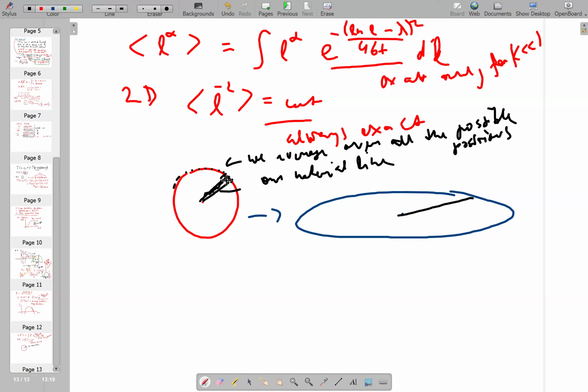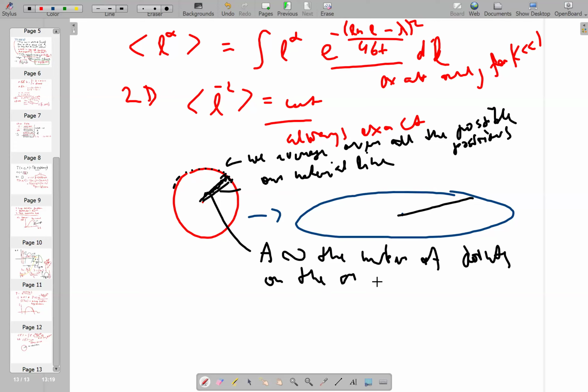So the number of points is proportional to the number of points on the arc. And now this evolves into another sector here, like that.